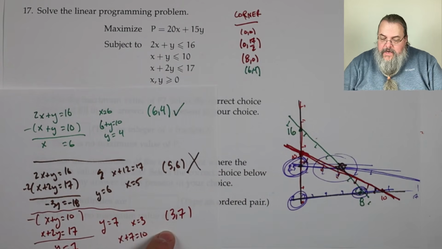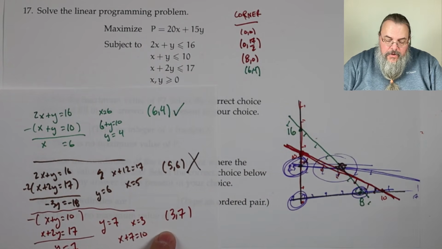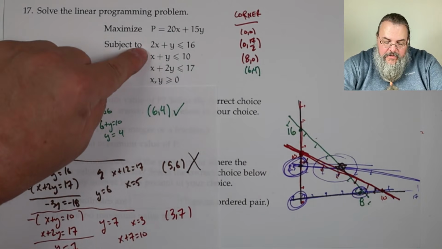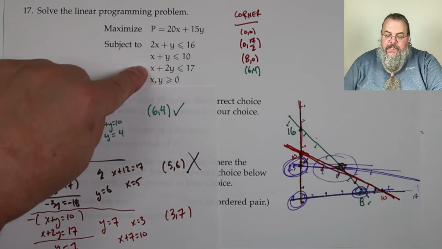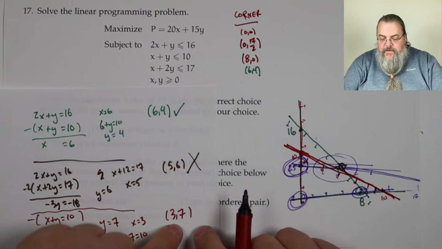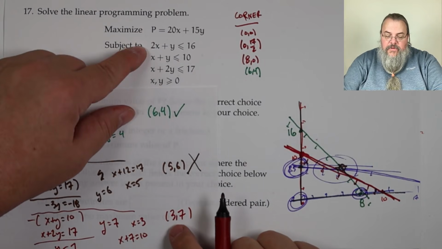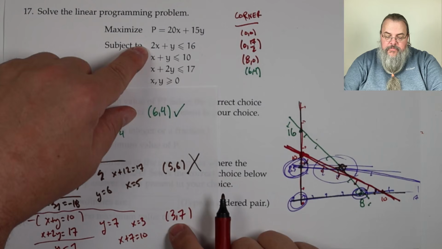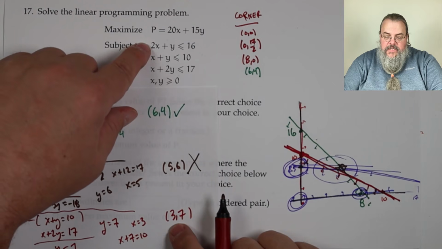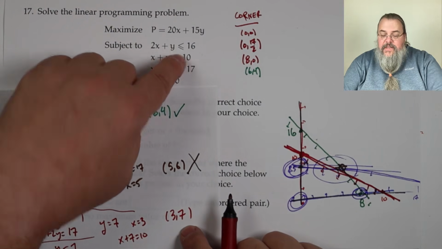The last one, (3, 7). We definitely satisfy x plus y less than or equal to 10. We definitely satisfy x plus 2y less than or equal to 17. We definitely satisfy x and y greater than or equal to 0. Check the last piece. Is 2 times 3, which is 6, plus 7 less than or equal to 16?